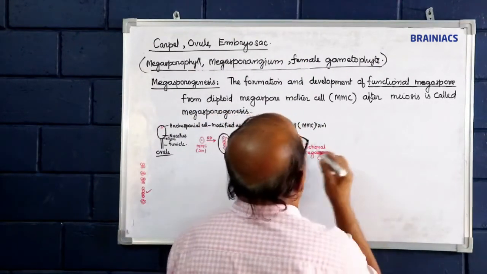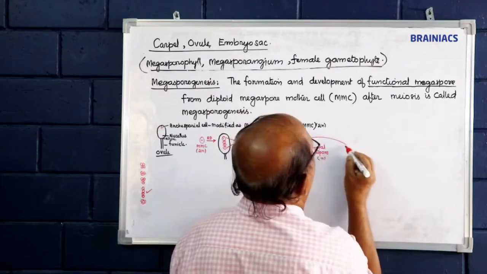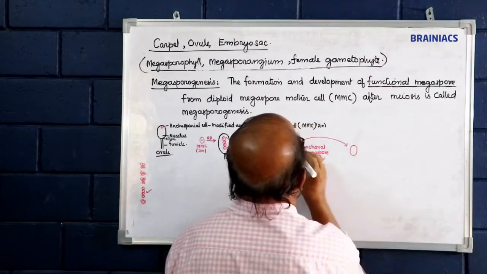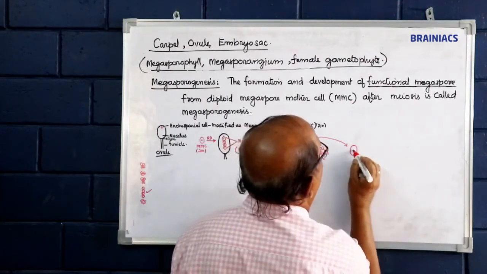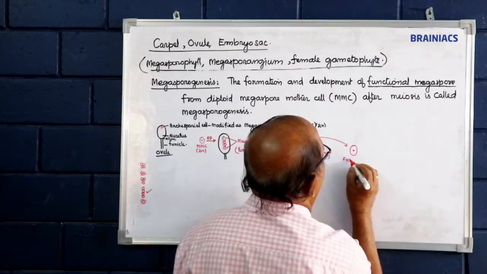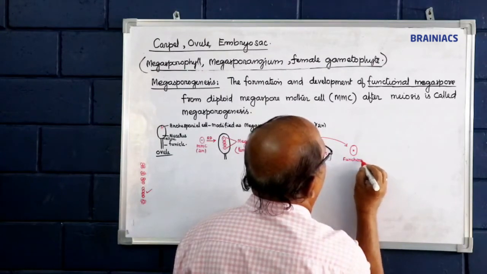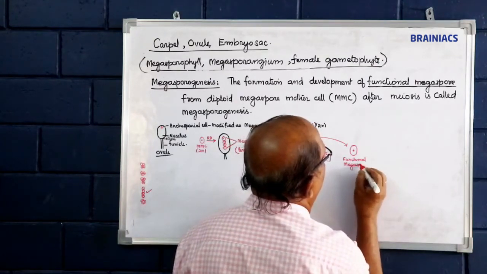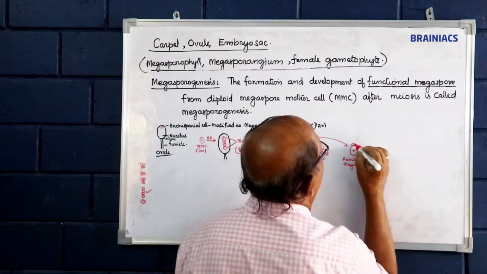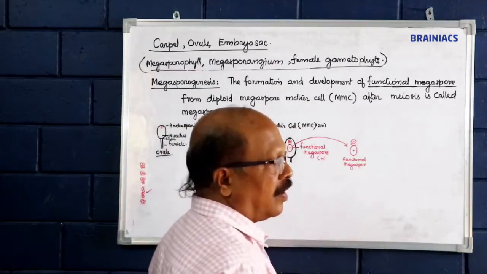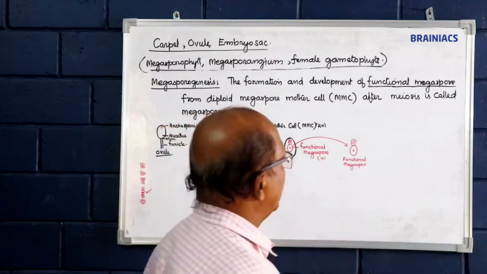The functional megaspore undergoes 3 successive divisions.